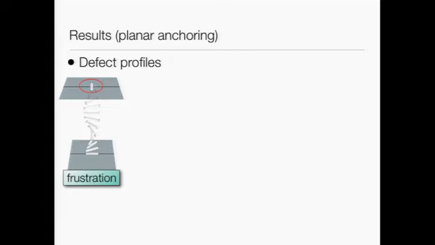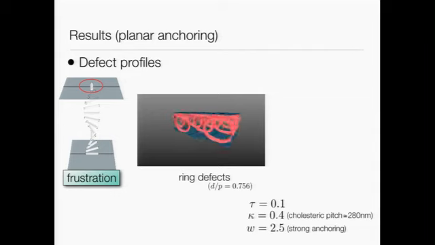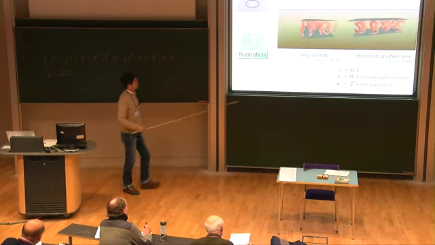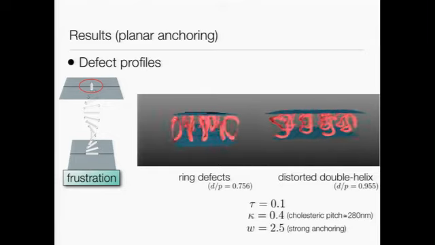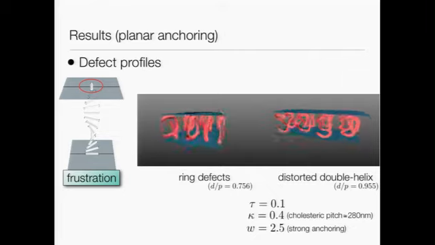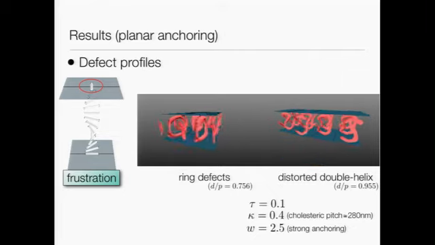And how this frustration is relaxed is given by this. So now, we can find a regular array of ring defects, or in other cases, we can find the double helix-like disclination, but it is a bit distorted.